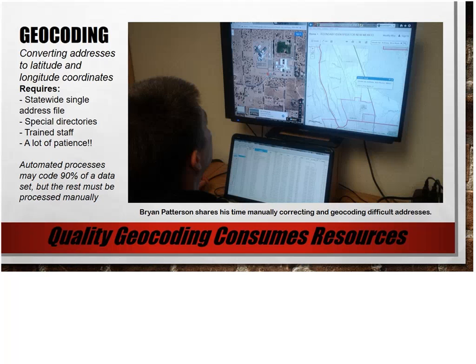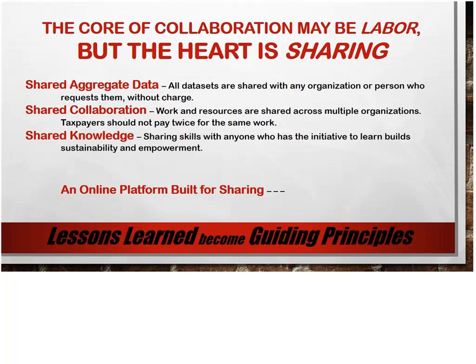Well, that only leaves about 5,000 addresses that you're going to have to go through and look at one by one, and maybe be able to manually correct and geocode. And so that job is very important. Quality geocoding does consume resources, but the flip side of this is that poor quality geocoding probably consumes more resources. So this is something to consider if you are working towards this type of project.